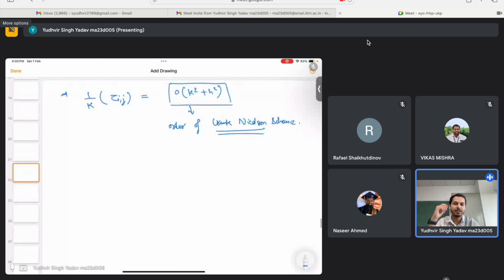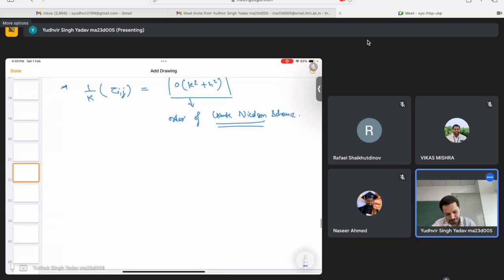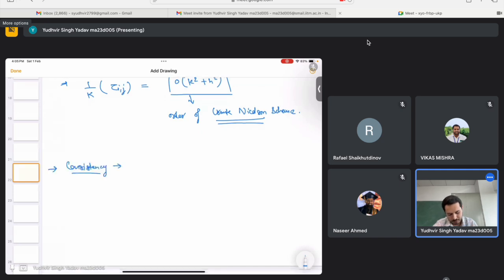So up to here we have seen the truncation errors and the order of the different schemes, that means the consistency. So we can introduce a term, consistency.